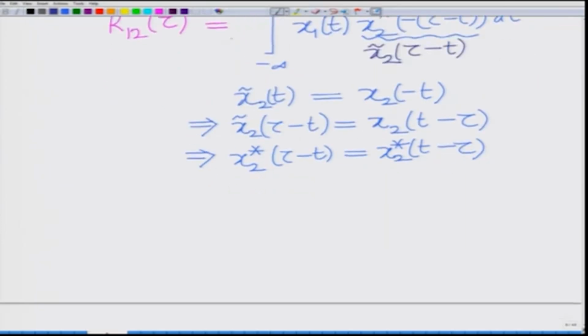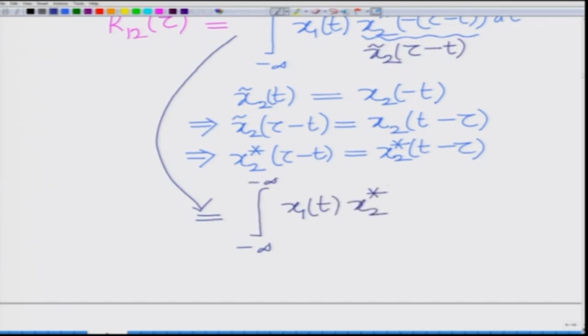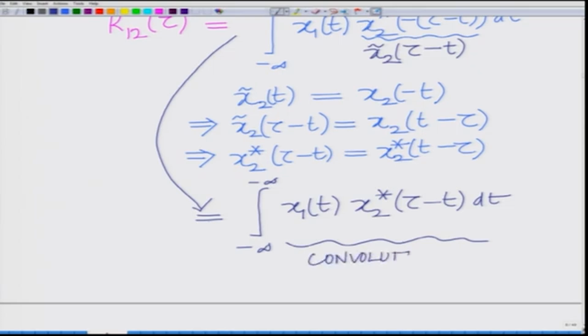So, the cross correlation becomes the integral from minus infinity to infinity of x1(t) x2 tilde conjugate (tau minus t) dt, and notice this is nothing but a convolution of x1(t) and x2 tilde conjugate (t).